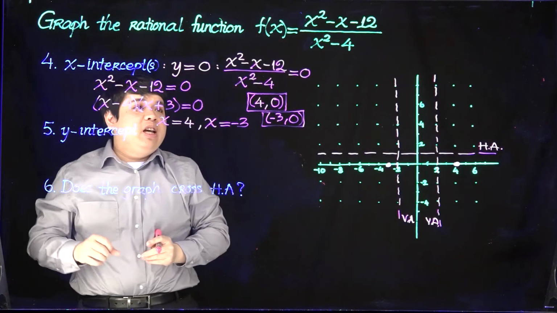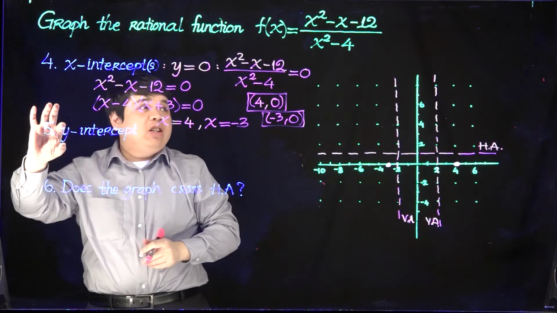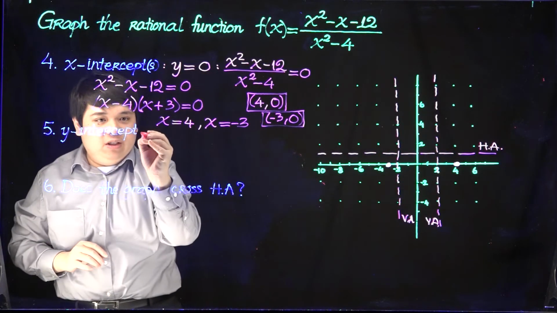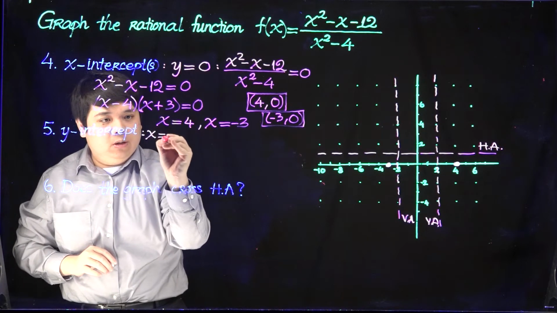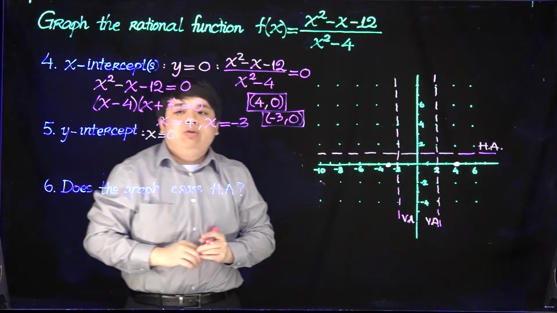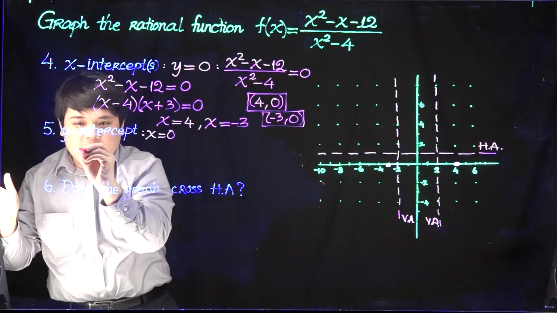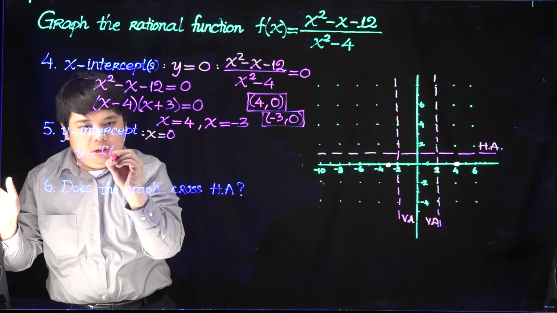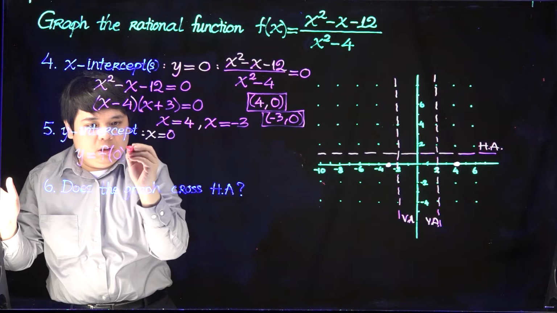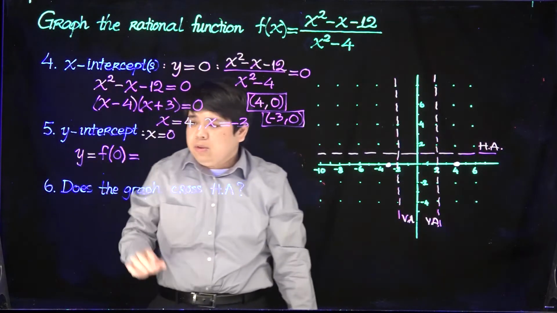So that is the x-intercept, where we let y equal to 0. To find the y-intercept, we let x equal to 0 and find y. So we put 0 in for x in the function.